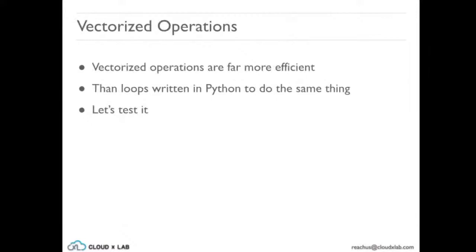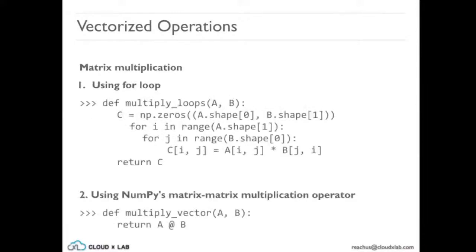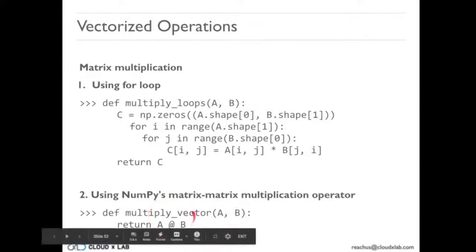Essentially, NumPy functions, or what we've called here vectorized functions, are much more efficient than writing the same thing in Python. Now what we'll do is implement matrix multiplication in two methods. One is the normal matrix multiplication, and the second is by using an inbuilt operator from NumPy.